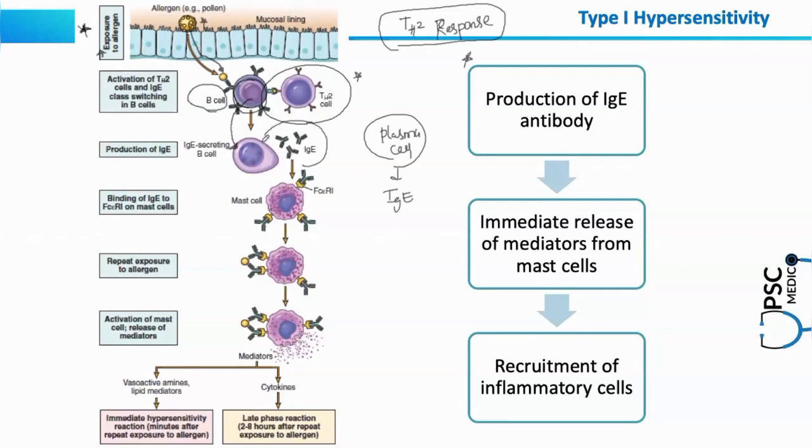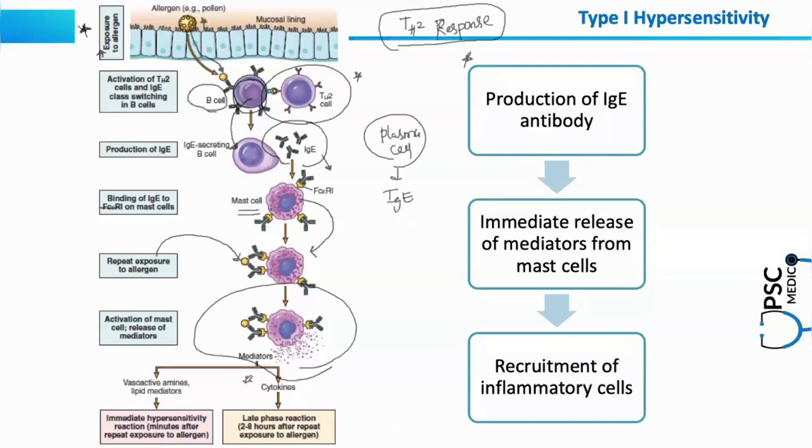And this immunoglobulin, whenever it is produced, what does it do? It goes and binds to the mast cells. Don't worry about where it binds, but IgE binds to the mast cell. The mast cell is now sensitized. This is the sensitization phase. Whenever there is a repeat exposure to the same allergen, there will be a massive release of mediators from this activated mast cell.